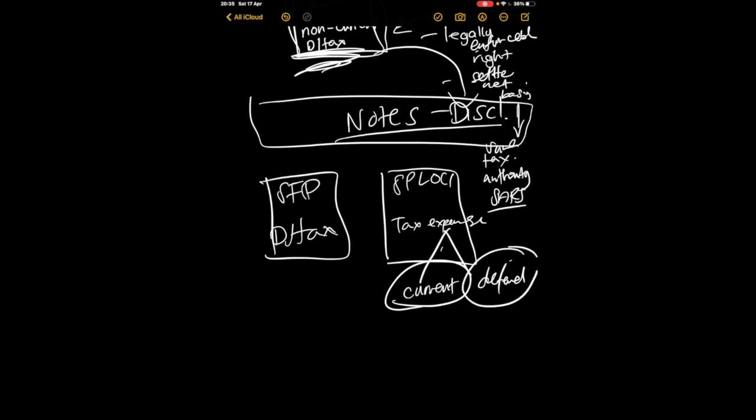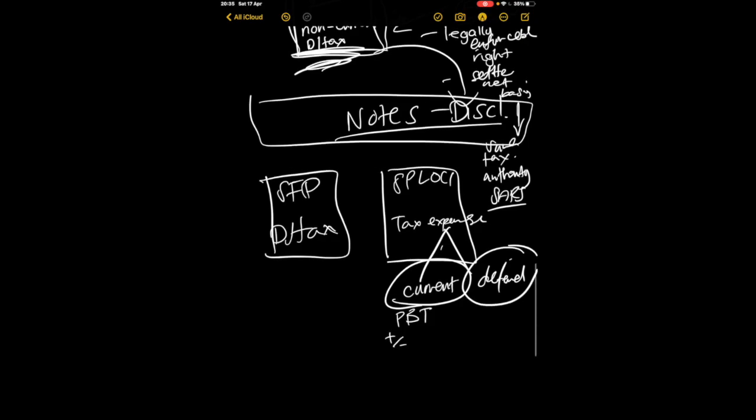The way we calculate our current tax is that we take our company's profit before tax, we adjust for the differences between accounting and tax, then we get our tax profit.